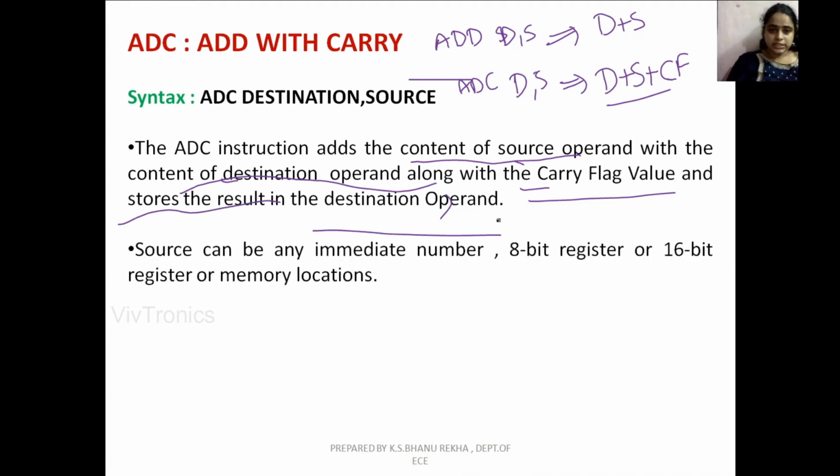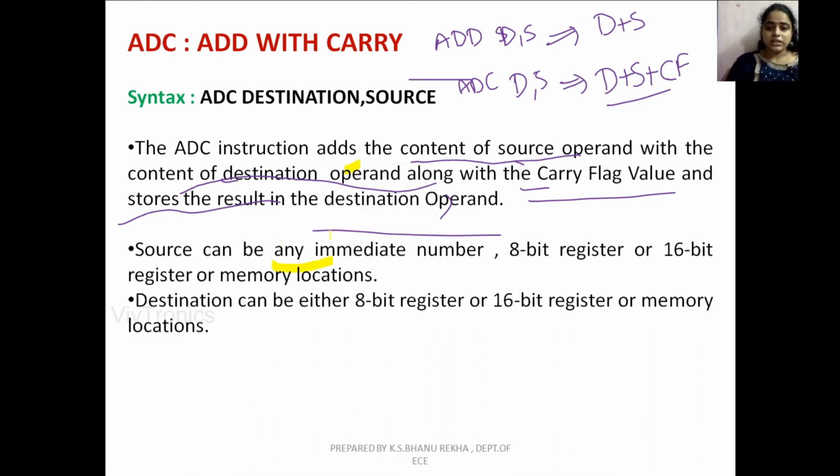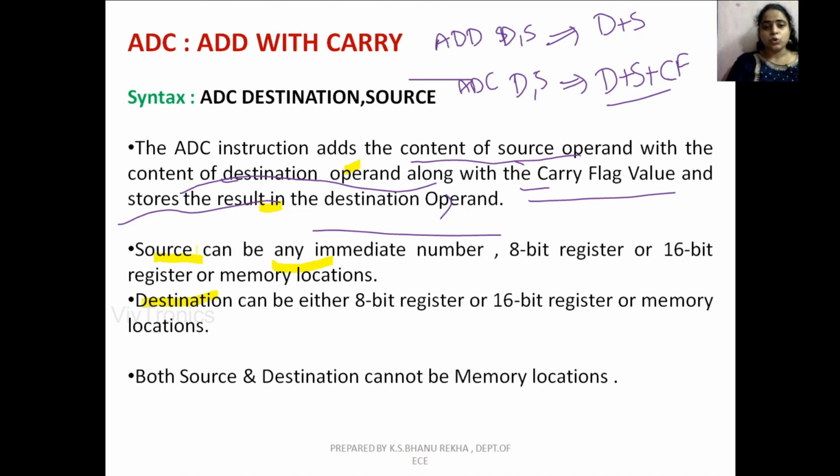And the possibilities of source and destination I am showing now. Source can be any immediate number or 8-bit register or 16-bit register or any memory location, and the destination can be any register or memory location. Okay, so these are the source and destination possibilities, and both source and destination cannot be memory locations. This is the sentence that has come in previous sessions also.